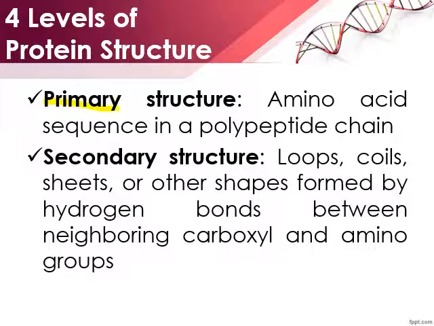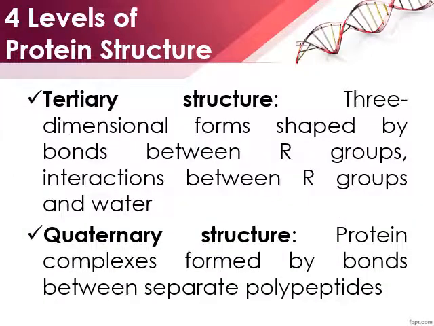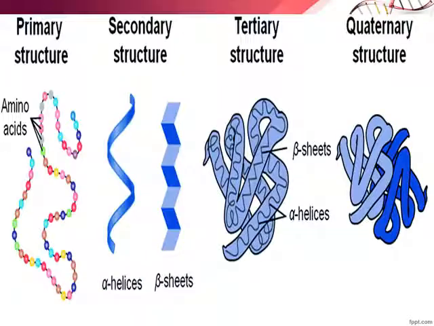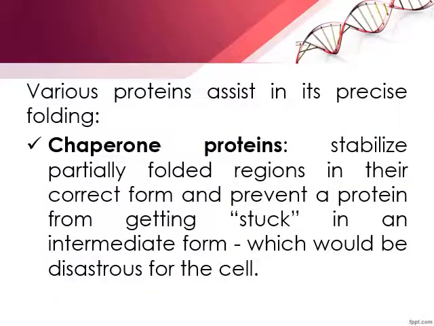Primary, yun ay yung amino acid sequence in a polypeptide chain. Secondary, yan ay yung loops, coils, and sheets or other shapes formed by hydrogen bond. Tertiary, ito na yung madali lang tandaan, 3-dimensional forms. Then the quaternary, yun na yung mga protein complexes. Yan lang yun, picture. Another picture.